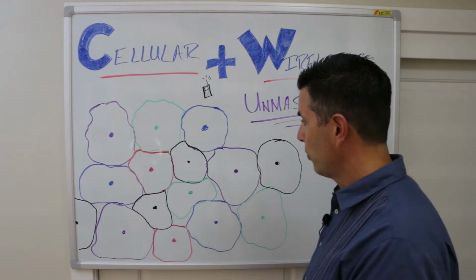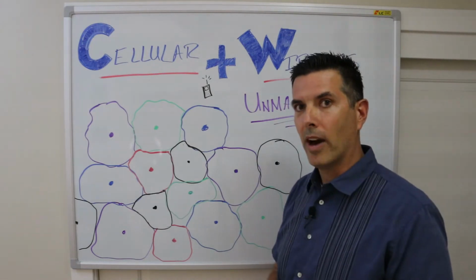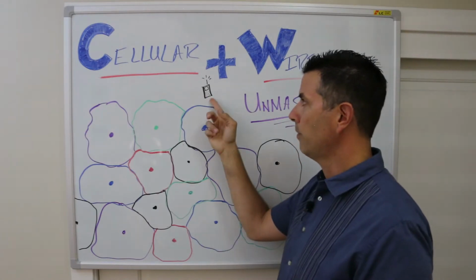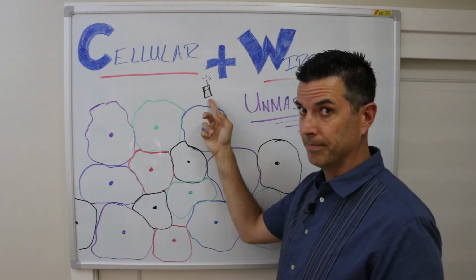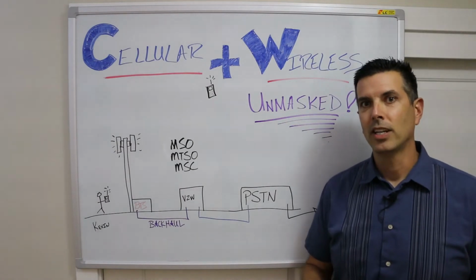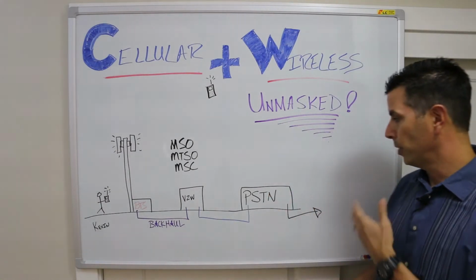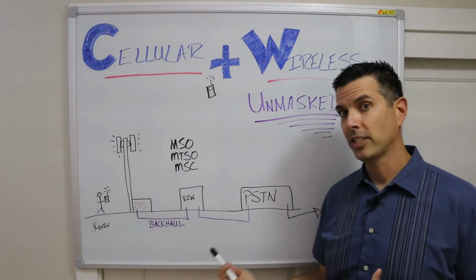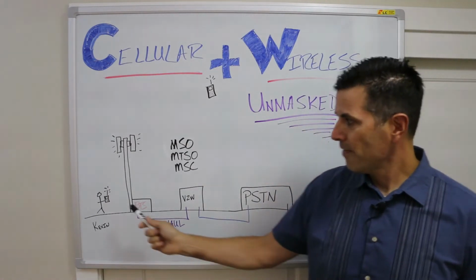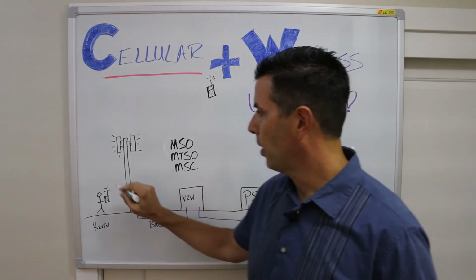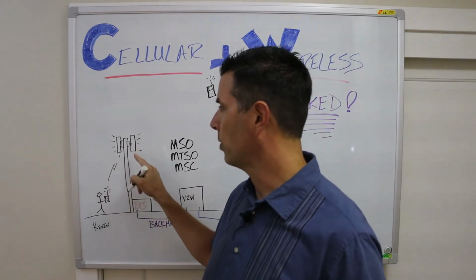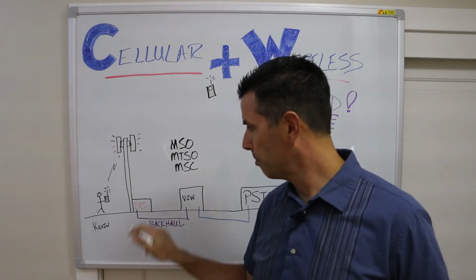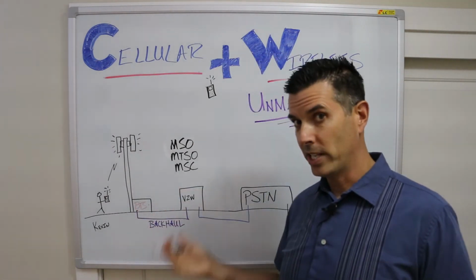Now let's talk about call routing, and what happens when a mobile user, a cell phone, wants to call a landline. Our friend Kevin wants to call his local takeout joint to make sure his food's ready. When Kevin pushes the send button, his phone will link to the local cell phone tower, and it'll go through some checks at the first level of equipment called the BTS, base transceiver system.